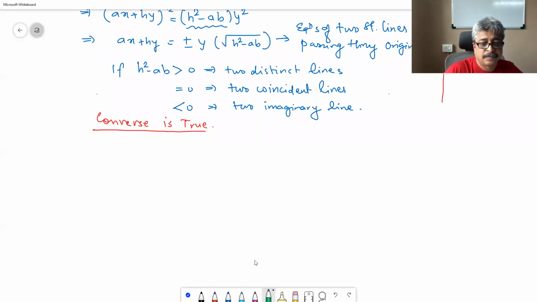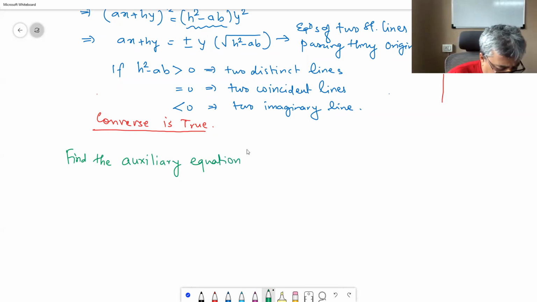Find the auxiliary equation which gives the slopes of POL.